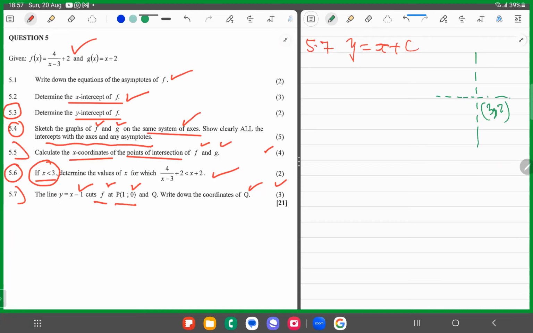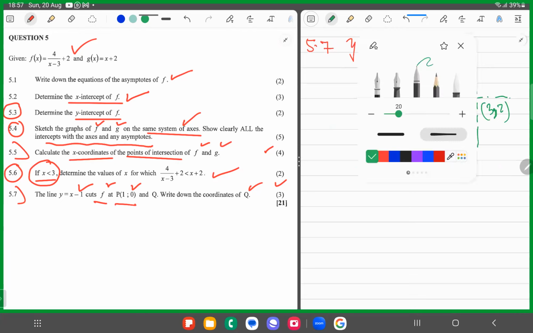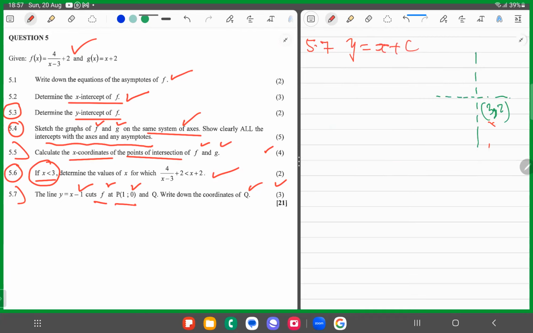If they intersect at 3, 2, it would mean that at this point x is 3 and y is 2. Which means c is -1.